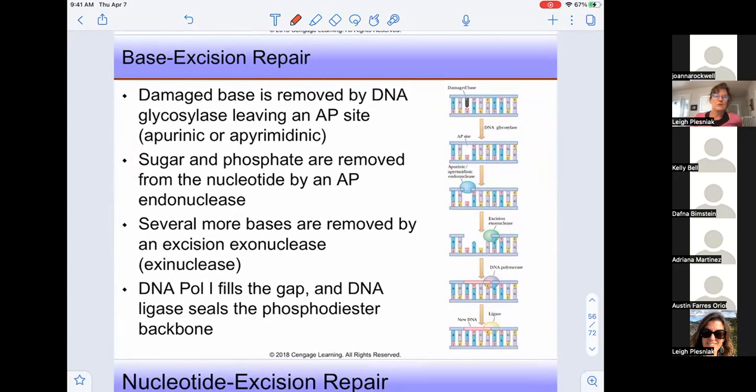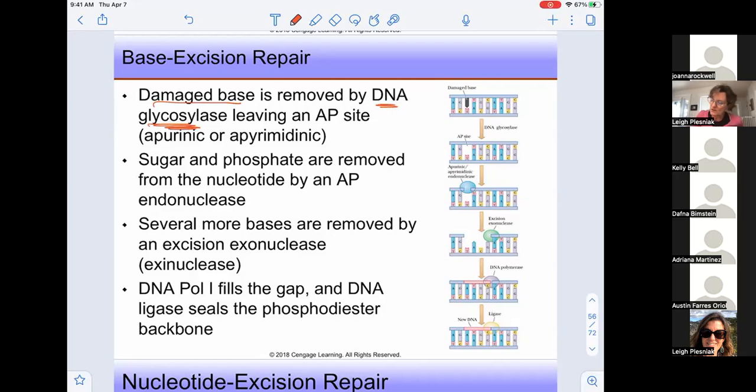Another mechanism for DNA repair is base excision repair. This starts out with just a damaged base that is removed by a glycosylase.